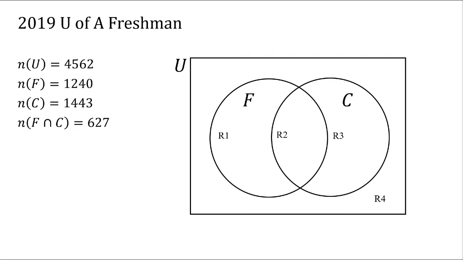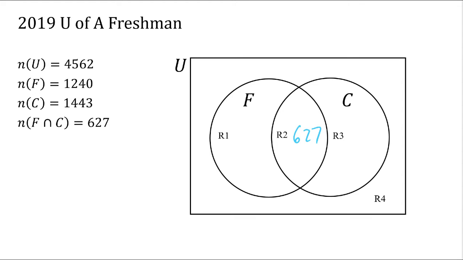All right, so let's start off by filling out our Venn diagram. So the intersection, 627, that's going to give us our region 2, 627. And then we have region 1 and 3. So region 1 we're going to find by taking the number of students enrolled in finite, 1,240, and subtracting out the 627 students that were in region 2.